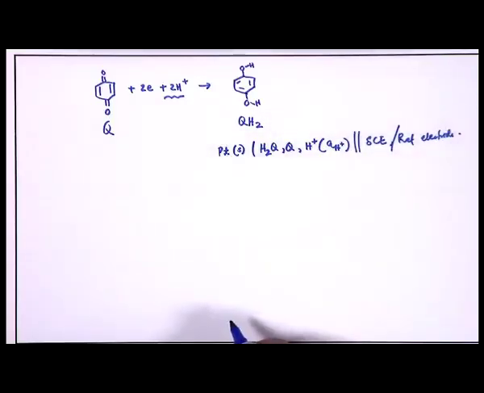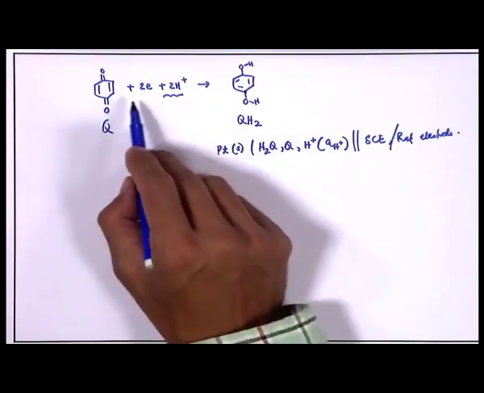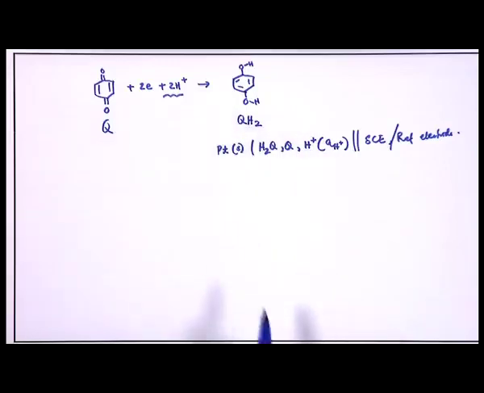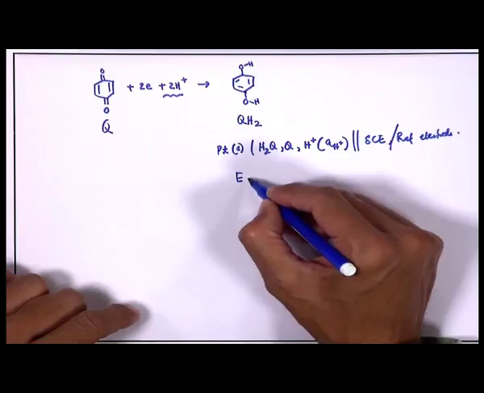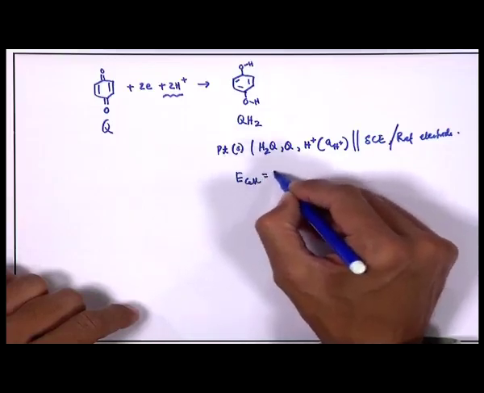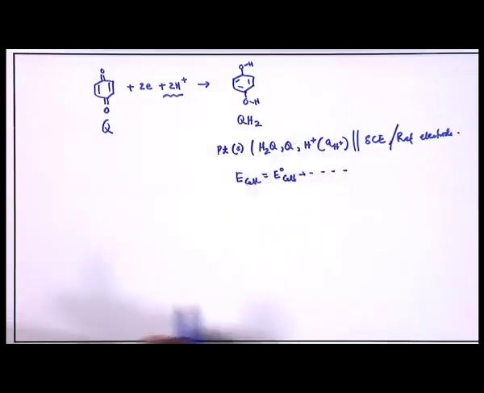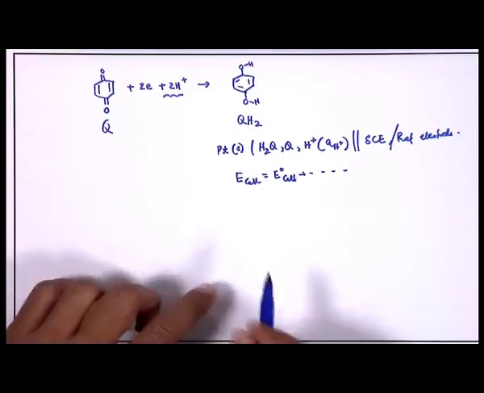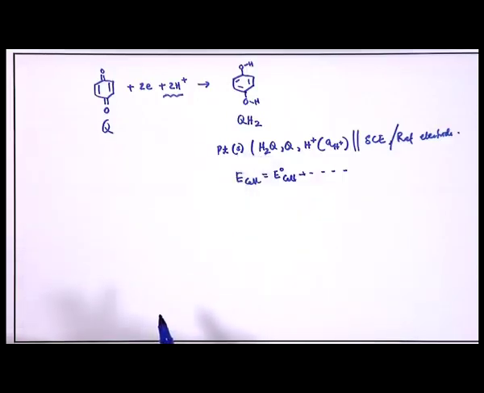Okay. So, basically, you can also get the corresponding expression for E cell involving Q and H2Q. E cell is equal to E0 cell plus this, and in the same way that we have estimated the value of pH for the standard hydrogen electrode, we can also make use of this quinone hydroquinone electrode for finding out the pH of the unknown solution.